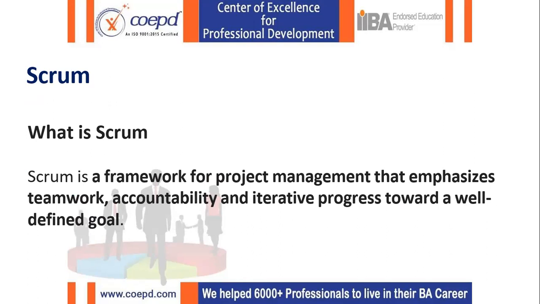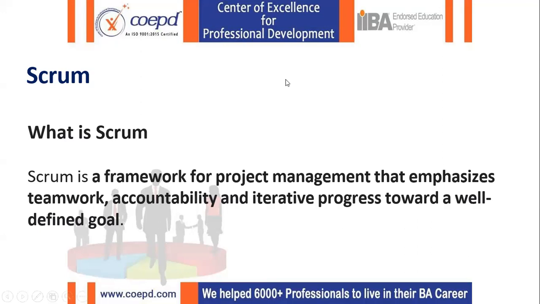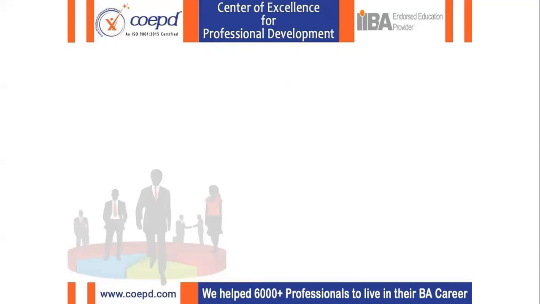If any project requirement changes, team collaboration is very important, and the accountability of every individual is important. Iterative progress means whatever we have in a large team or epic, we break down into sprints and develop them. So that is Scrum.